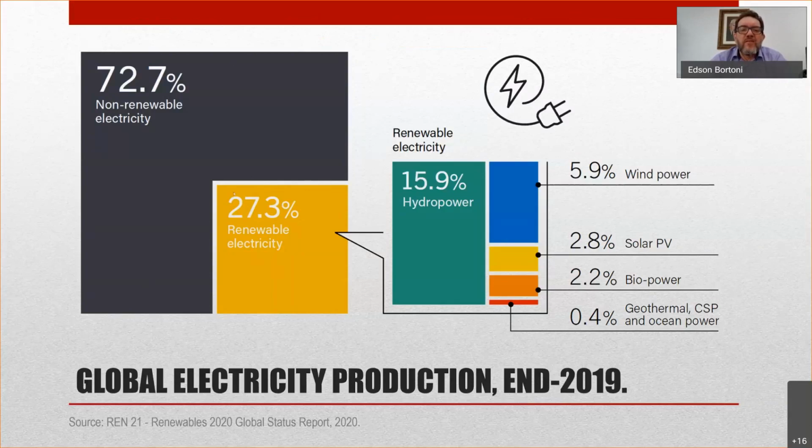And this 27.3% can be divided in hydropower, which accounts for the great majority, wind power 5.9%, solar photovoltaics, biopower, geothermal, CSP, which stands for concentrating solar power, and ocean power. This data is from 2020.